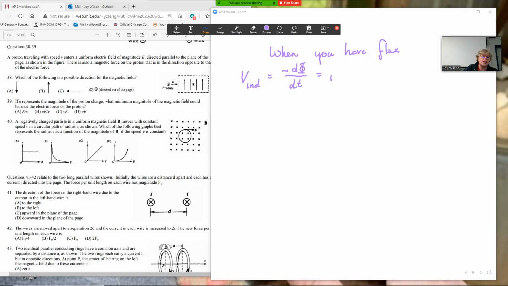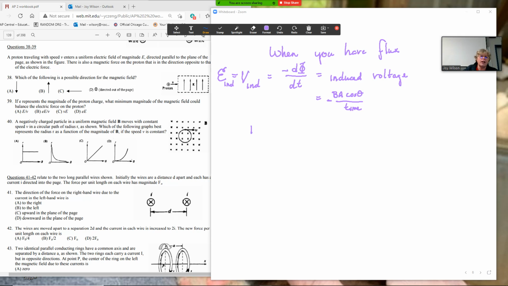So you get an induced voltage, and the induced voltage is going to be BA cosine theta divided by time. You get a negative sign. We'll talk about what the negative sign does in a minute. You get an induced, sometimes the AP test will use this as well, electromagnetic force. It's not a force, it's a voltage.